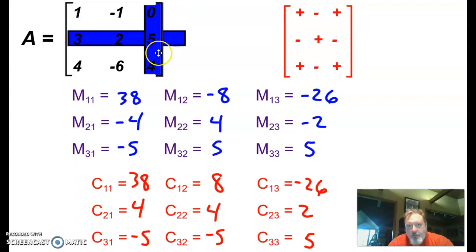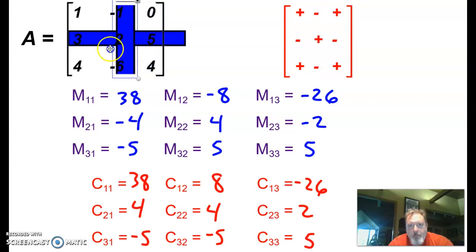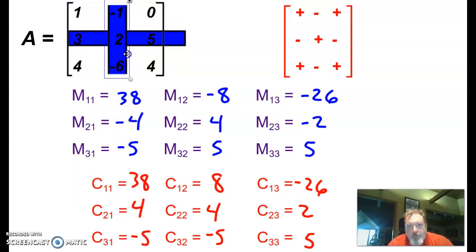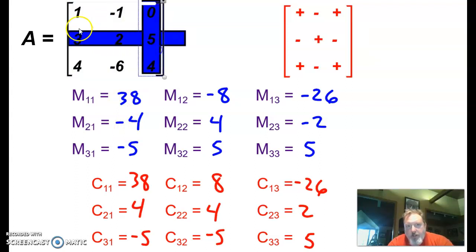Then we went second row. All right, negative 4. And then we did minus 0, so that's negative 4. 4 minus 0 is 4. And negative 6 minus negative 4, that'll give me negative 2.